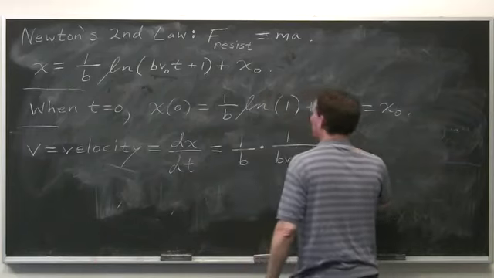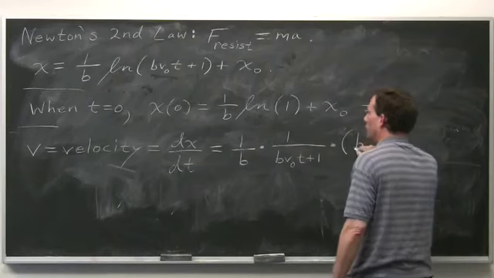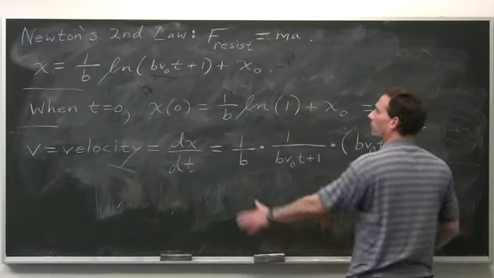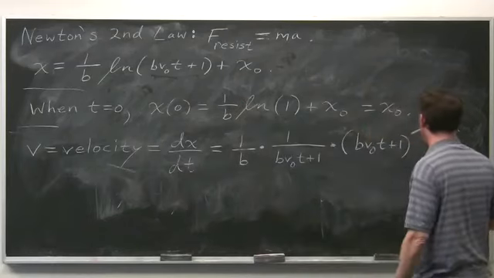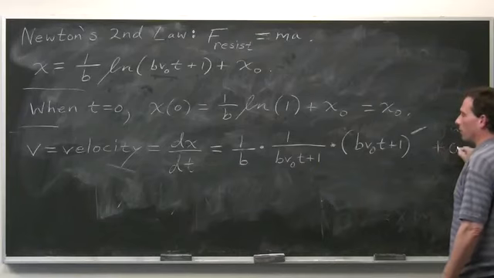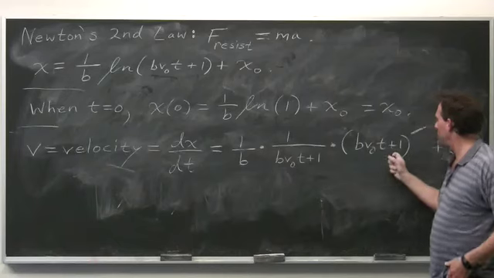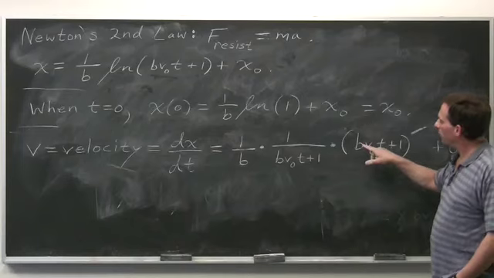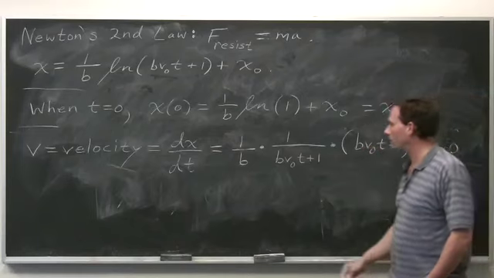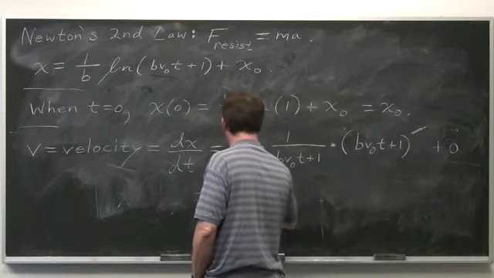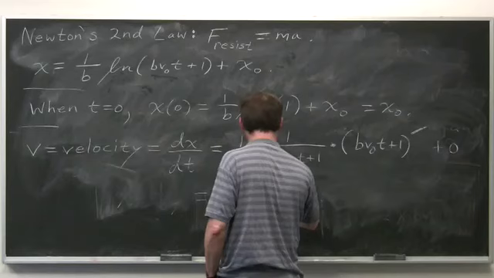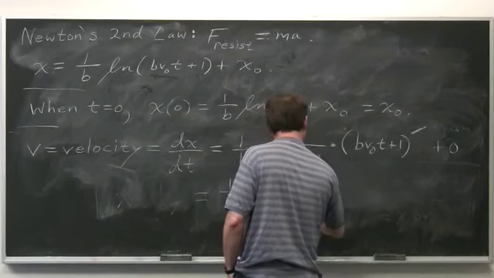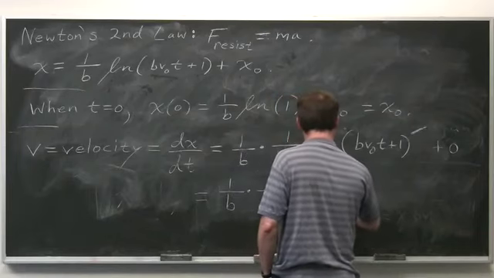But by the chain rule, you then have to multiply times the derivative of the inside stuff, plus the derivative of x naught. x naught is a constant, so that's plus 0. The derivative of this with respect to t: the derivative of a constant times t is just the constant. So we end up with 1 over b times 1 over b v naught t plus 1 times b v naught.